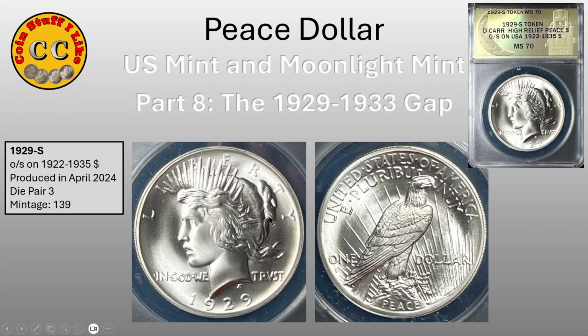So this one here, the 29S, he produced these in April of 2024, and the mintage was 139 pieces. So very low mintage. This one happened to make a MS70, and let's take a look at some video of this particular coin.